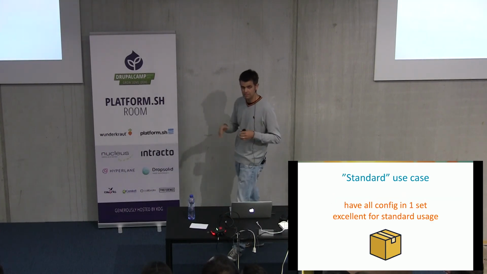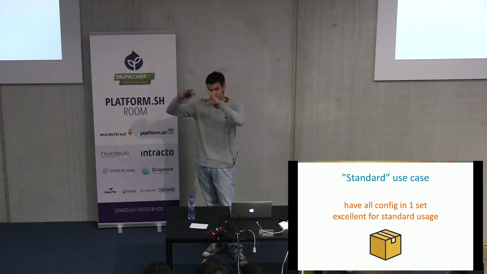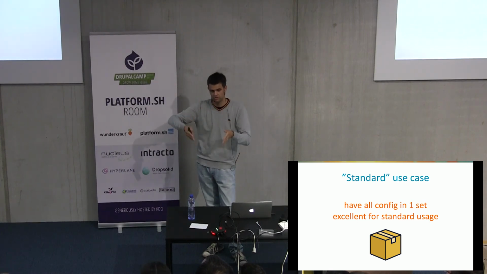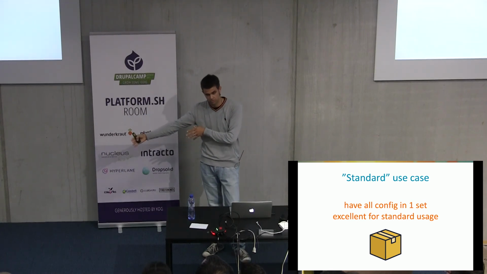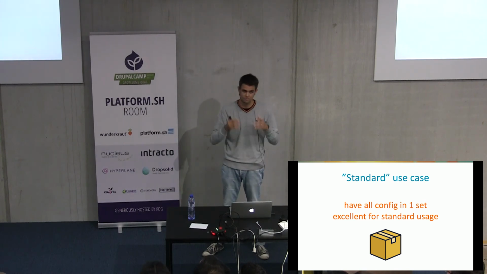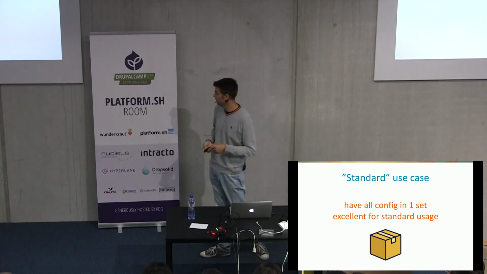So, the standard use case, which is the most simple one, is to have all configurations stored in one single set. So if you do an export of your configuration at a certain moment in time, it exports all the configuration into a set of files, which means everything is there. Content types, vocabulary configurations, views, everything is in one set of files.